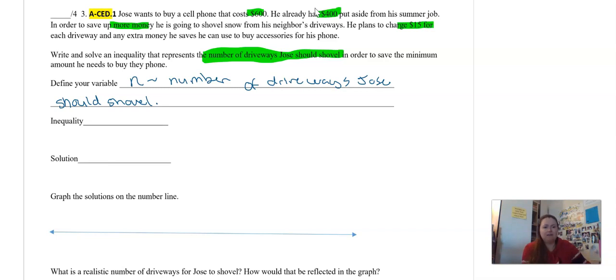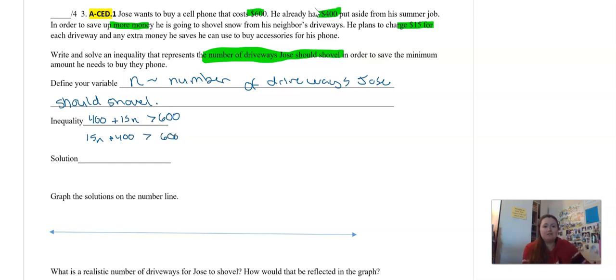Okay, an inequality that we're going to write, you can write it however you want. You might say, okay, he's got $400, and then he's adding $15 every time he shovels a driveway, and we need that to be more than $600. Or you might have done it the other way. Maybe you're like, well, he's getting $15 for each driveway, and he already had $400, and that needs to be more than $600.